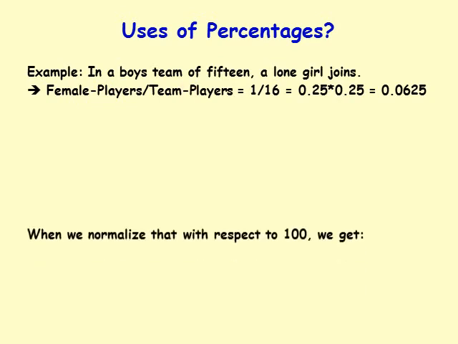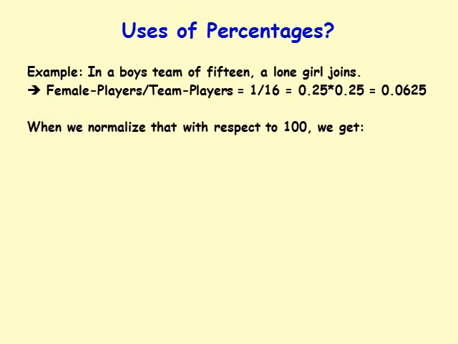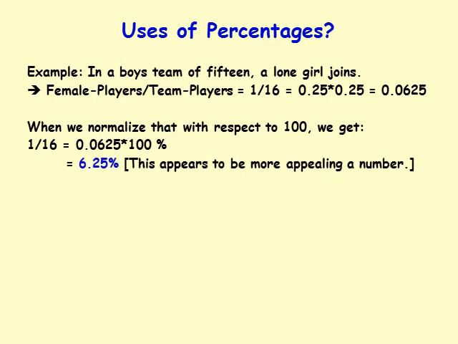Now when we normalize that with respect to 100, we get 1 over 16, and 0.0625 times 100, and that then we say it's a percentage. That is equal to 6.25%.